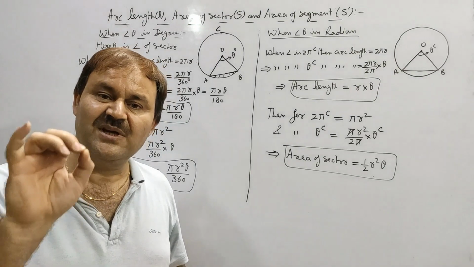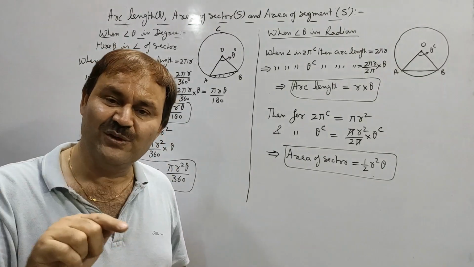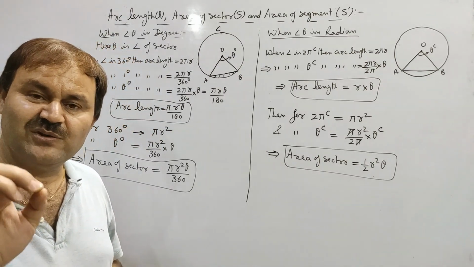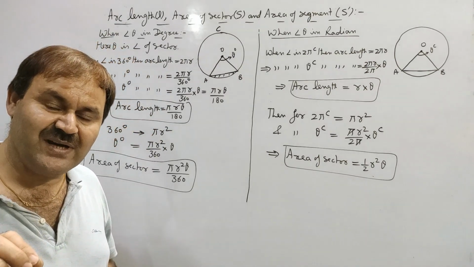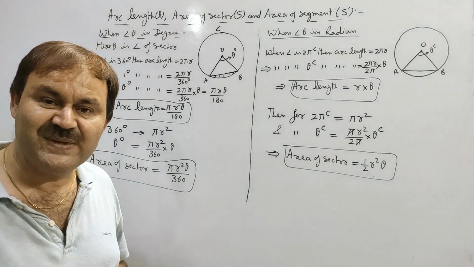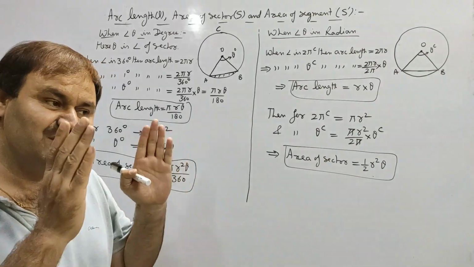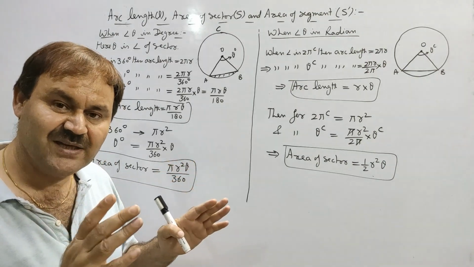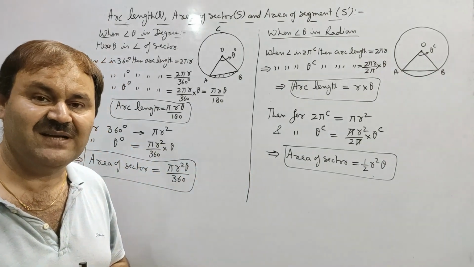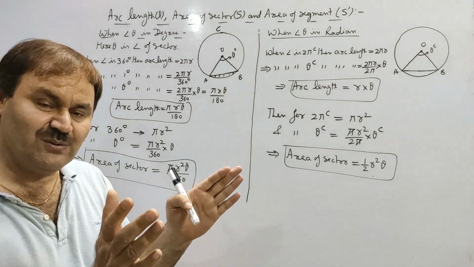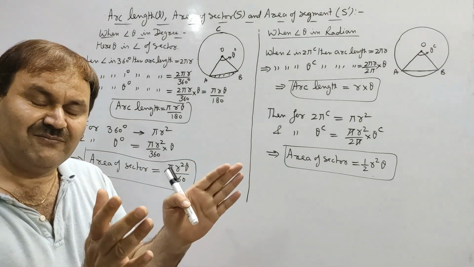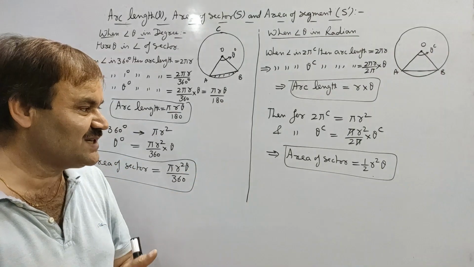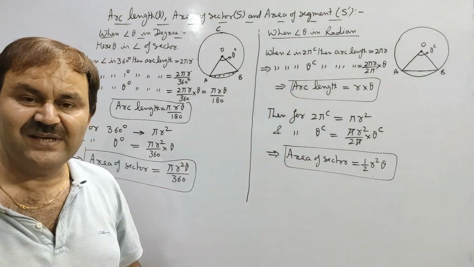By using that, we can find the angular speed, and then the angle subtended by the hand in a particular time interval. If the angle is found, we get the angle of the sector, and using that we can find the area of the sector.